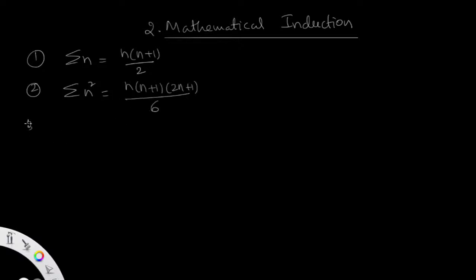And the third one is sigma n cube, the sum of the cubes of the first n natural numbers, n square into n plus 1 whole square divided by 4, which can also be written as sigma n whole square.